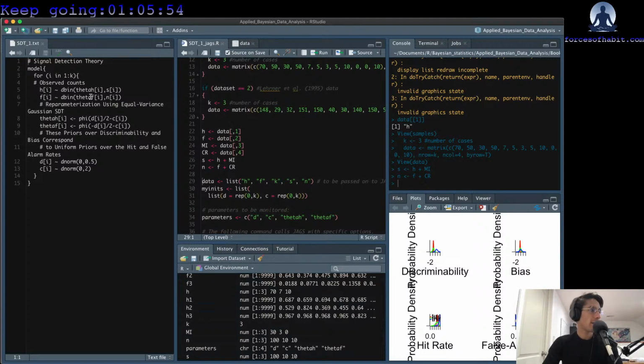This is hierarchical, right? In the sense that parameters give us parameters. So we use this cumulative density, where we take the posterior of D, discrimination, divided by 2, minus our bias.